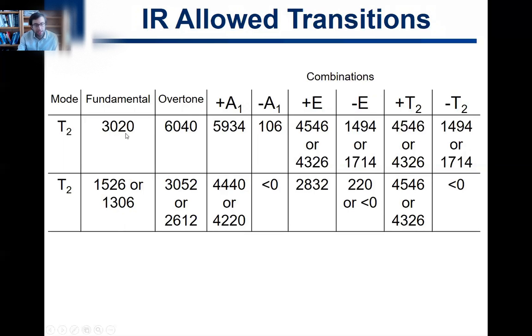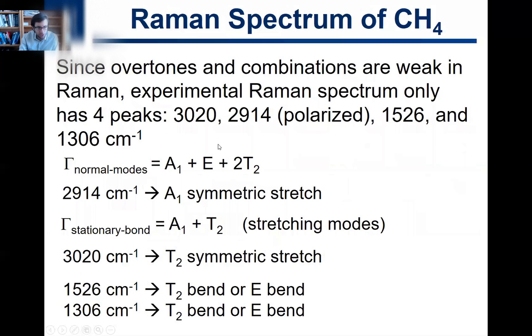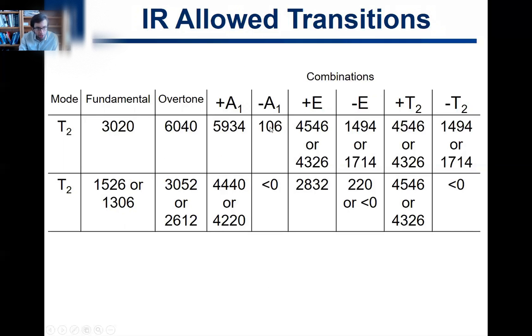We went over that, combinations can be additive or subtractive. So we can also do 3020 minus 2914, right? That would get us a pretty low number, 106. Probably not going to be close to anything. Both of these are really high and low numbers off of the typical scale for infrared spectroscopy.